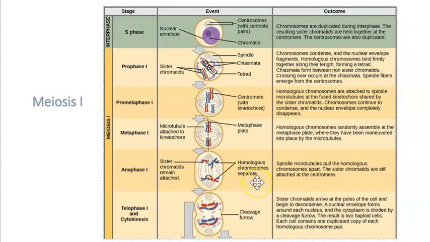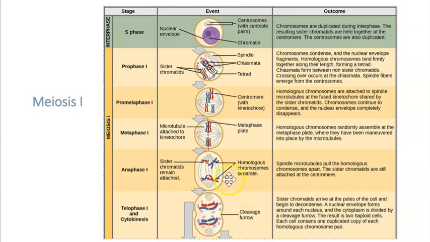Here, the spindle fibers, the mitotic spindle, are going to begin to pull apart the homologous chromosomes. So paternal chromosome 1 is separated from maternal chromosome 1. Paternal chromosome 2 is separated from maternal chromosome 2. So unlike mitosis, where we separate sister chromatids, in anaphase 1 of meiosis 1 we are separating homologous chromosomes.